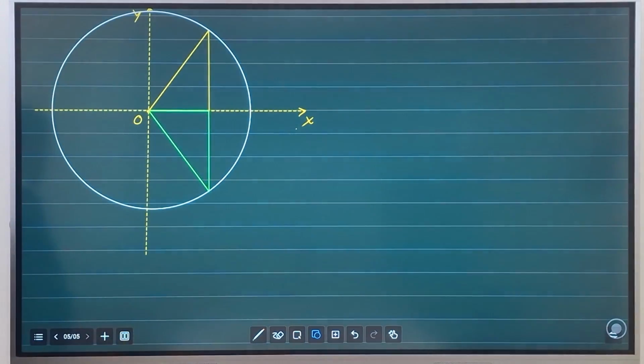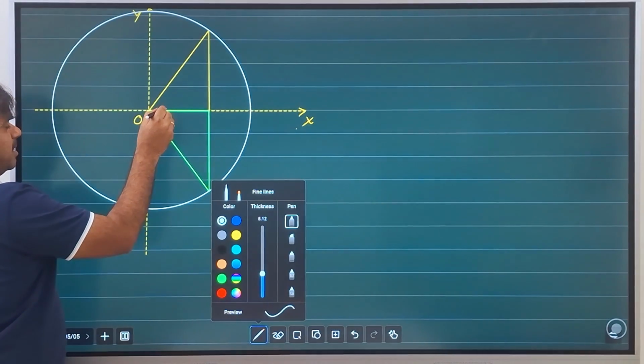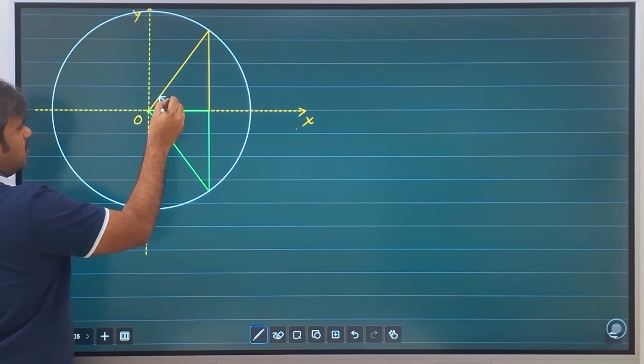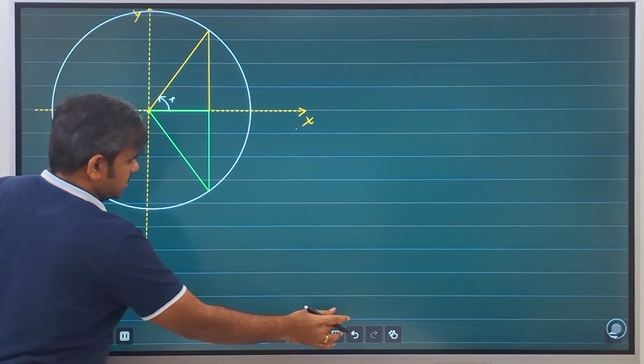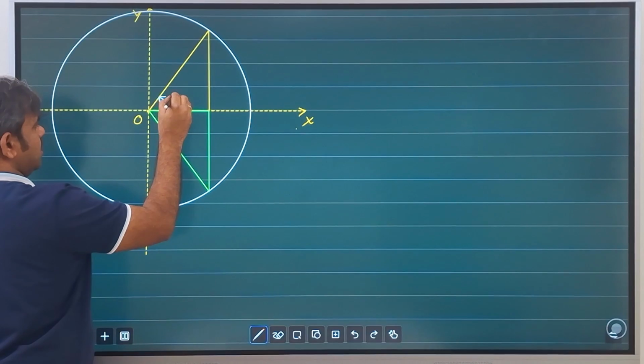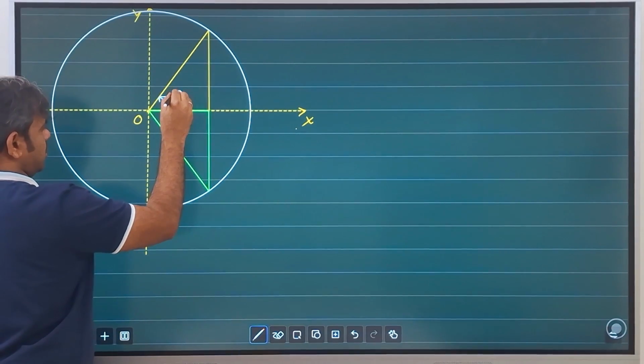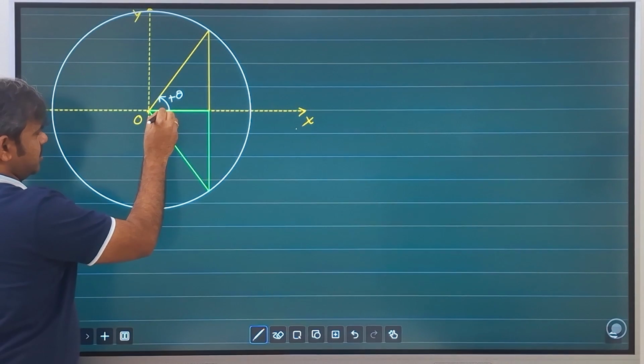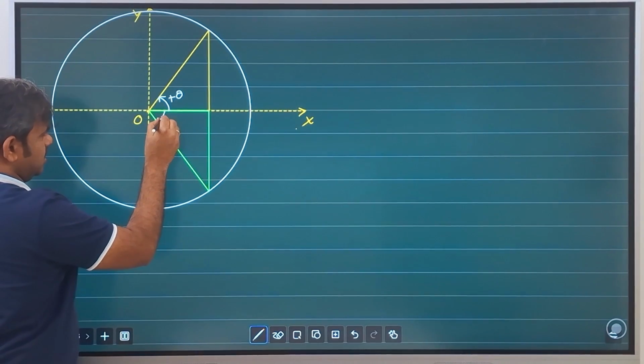Now look at these two right angled triangles. An angle measured in the counter-clockwise direction from x-axis is positive, and angle measured in the clockwise direction is negative.